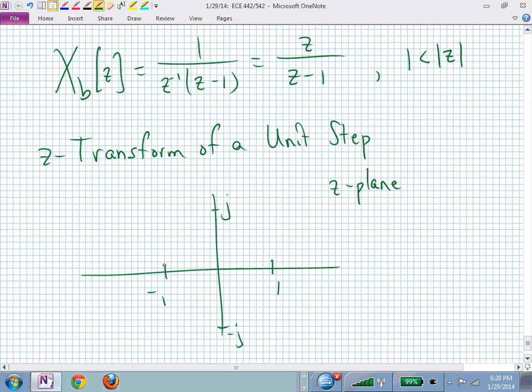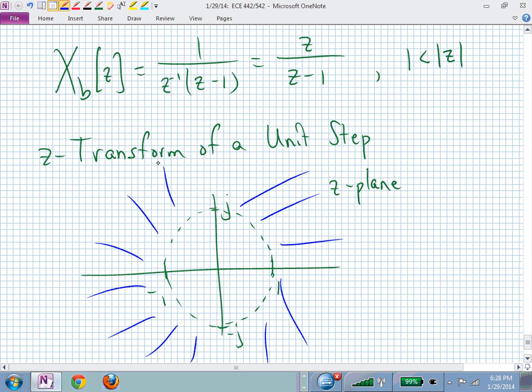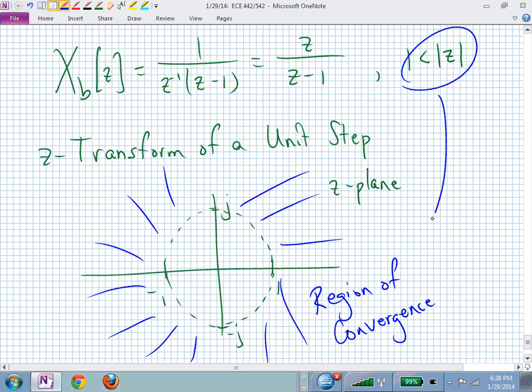In this particular case, for the unit step, I needed those z's to be outside the unit disk. And this is now my region of convergence, which is just this guy.